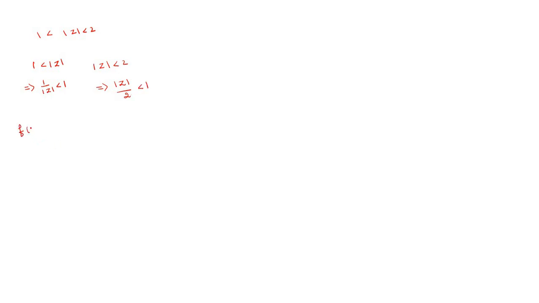So now we modify f of z as 1 divided by z minus 1 minus 1 divided by z minus 2 as: 1 by z we need, so we take 1 by z outside, therefore (1 minus 1 by z) whole to the power minus 1, minus the second part, z by 2 we need, so we take minus 1 by 2 outside, therefore 1 by 2 into (1 minus z by 2) whole power minus 1.